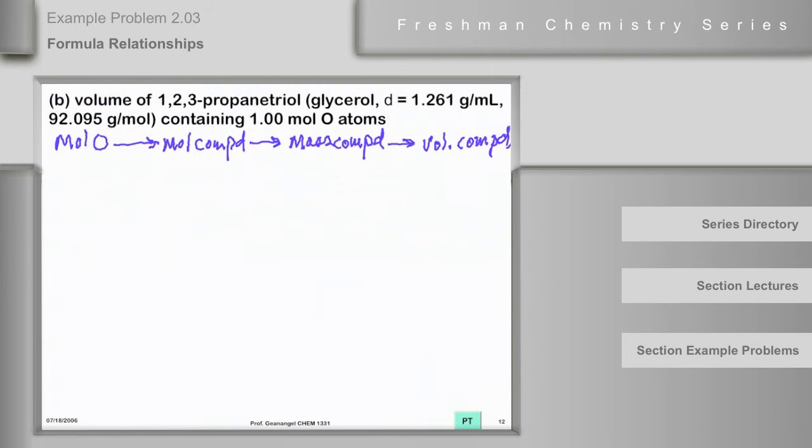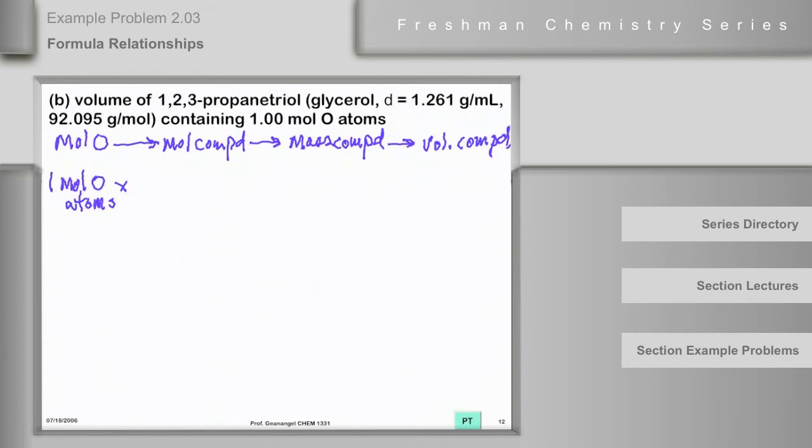So now we have 1 mole of oxygen atoms, and we want to convert that to moles of compound. Now, how are we going to know that? What do we need? We need a formula, don't we?